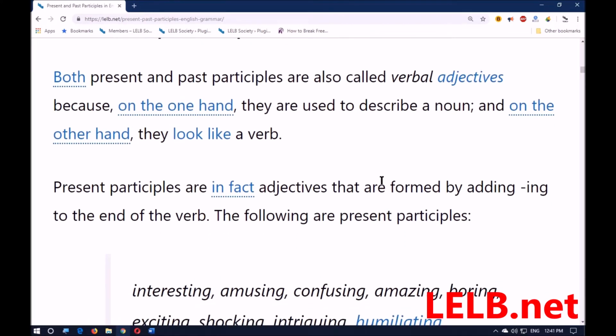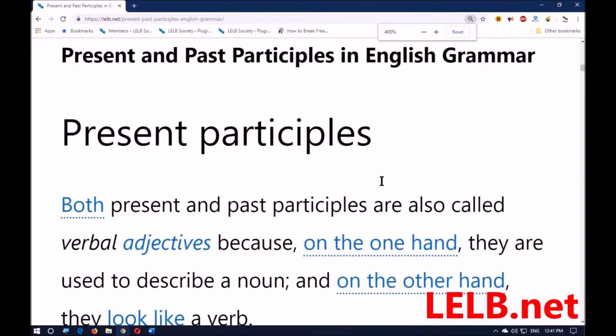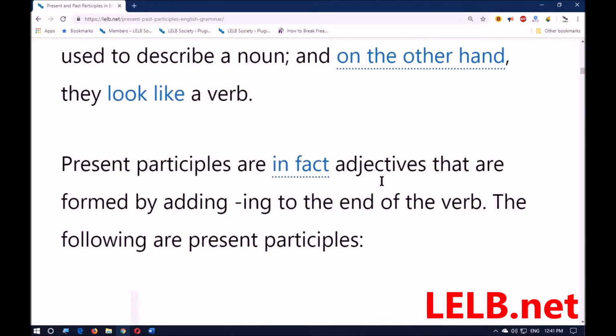Present participles are in fact adjectives that are formed by adding ing to the end of the verb, the gerund form.